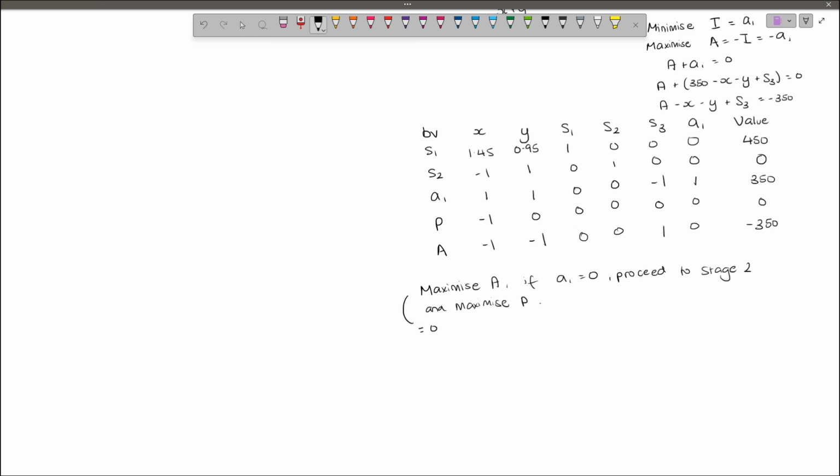So if A is equal to 0, then negative I equals 0, so I will also equal 0.